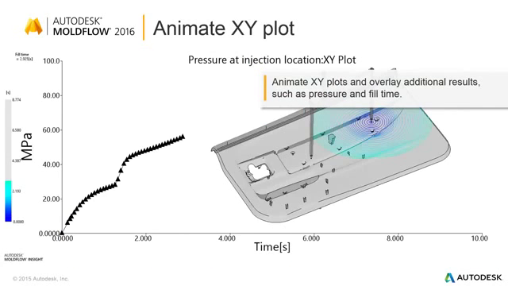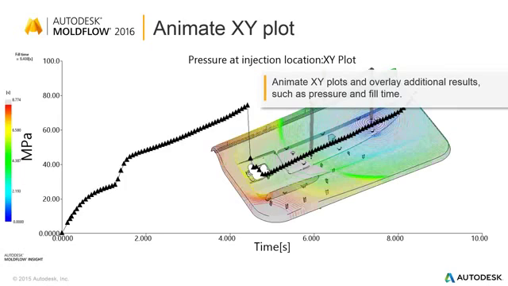Another thing that actually came, I think maybe even through the idea station, is the ability to animate an XY plot. An animation of an XY plot is not necessarily all that interesting, but the ability to combine it with, let's say, overlay it with the fill-time plot, you can actually see more or less how the pressure, for instance, at an injection location correlates to what's happening in the mold itself.